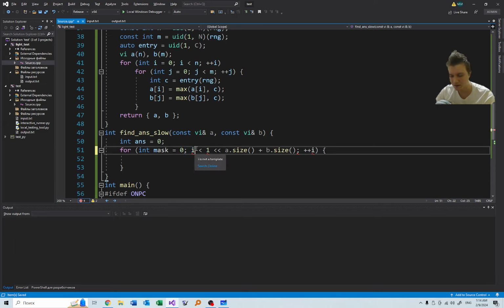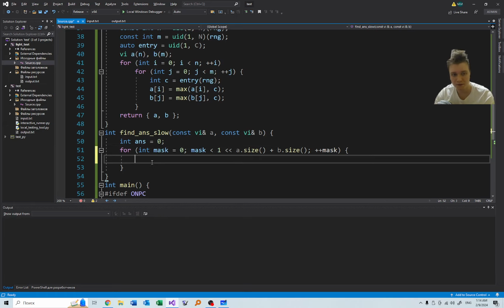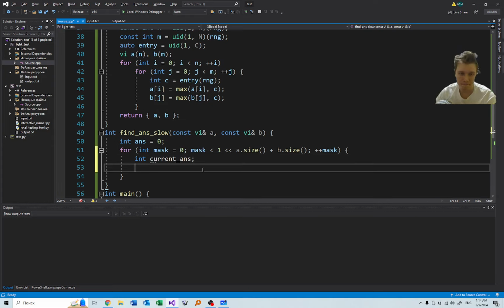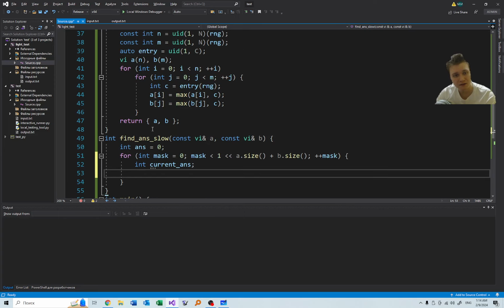Mask, mask, mask. Here we go through all. Let's calculate the answer, current answer. Let's also make the function which calculates pop count, which is not really hard.